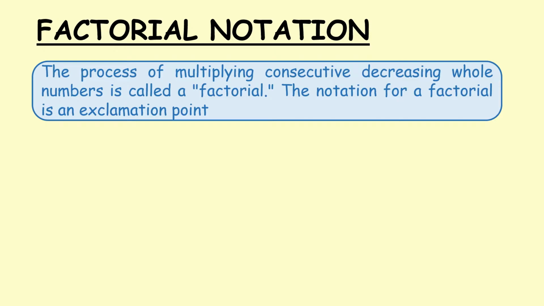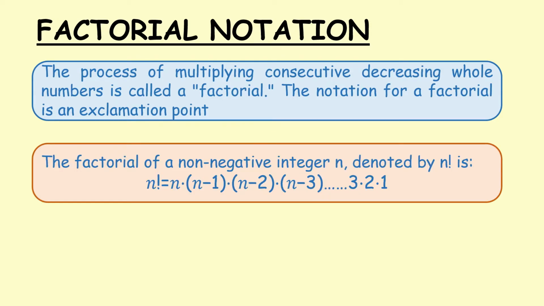In mathematics, when you use the exclamation point, it is a factorial symbol. The factorial of a non-negative integer n, denoted by n factorial, is equal to n times quantity n minus 1 times quantity n minus 2 times quantity n minus 3, and so on until 3 times 2 times 1.